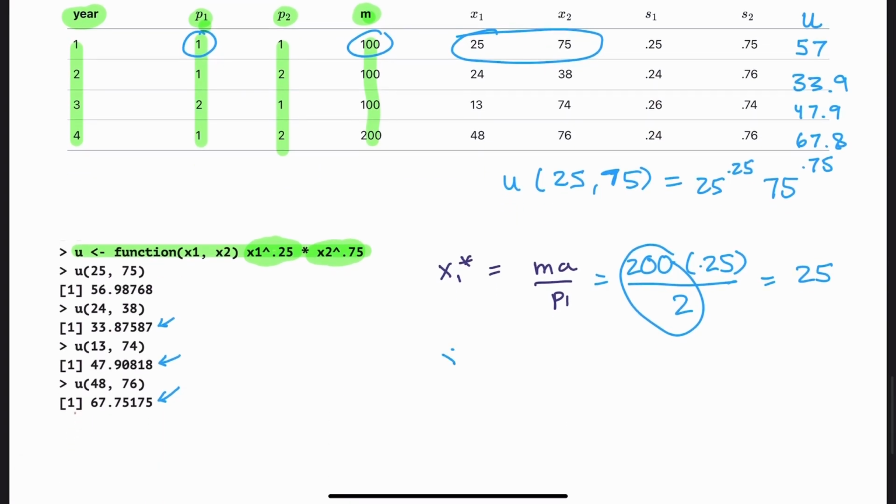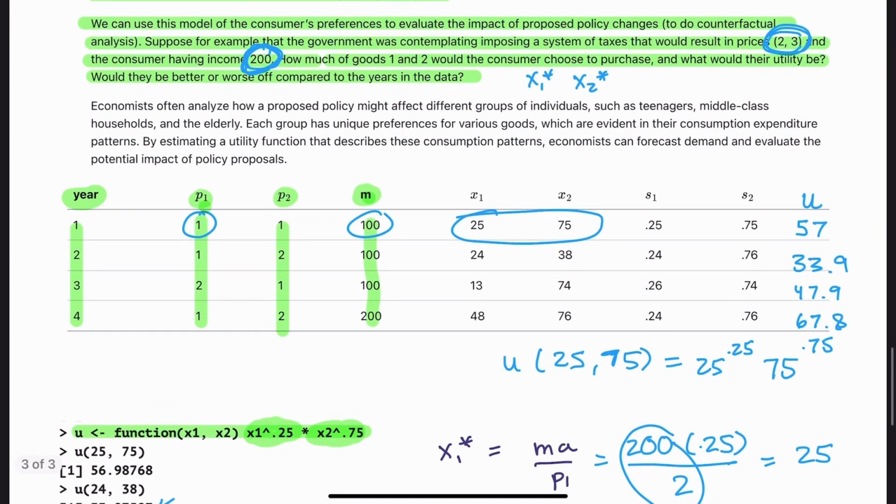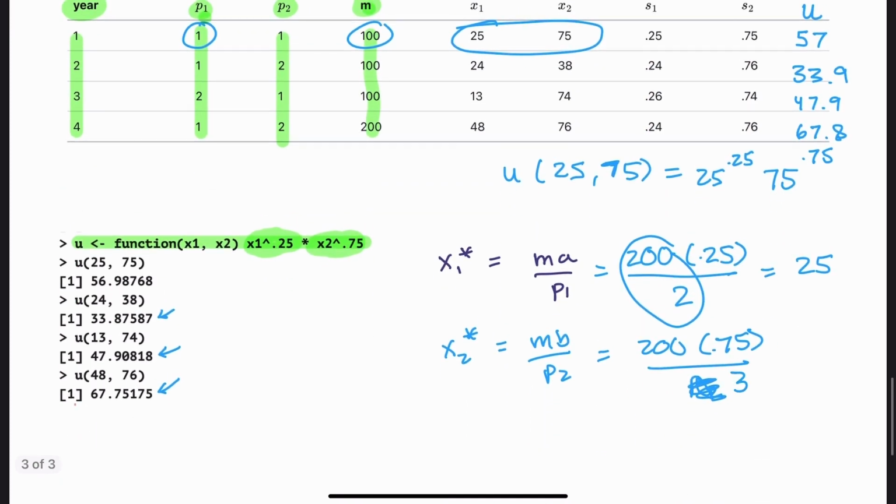And then x2 star will be M times B over P2, which is 200 times 0.75 divided by P2, which is 3 here. And what is that? 50. Yeah, seems about right.